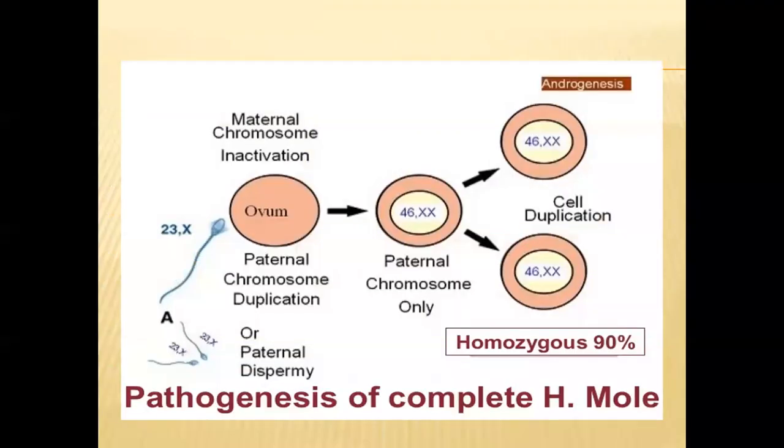अब आप देख सकते हैं पैथोजेनेसिस में क्या है, when the empty ovum which lost their DNA, which lost their nucleus is fertilized by one sperm, or which reduplicate, or they are fertilized by two sperm. So there is no maternal part, only the paternal part is present.